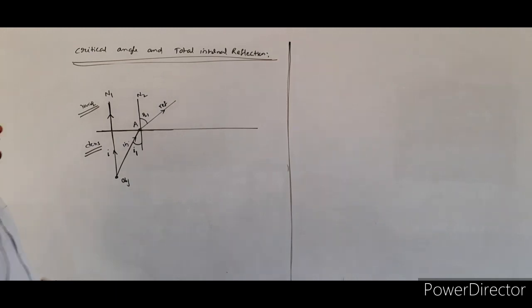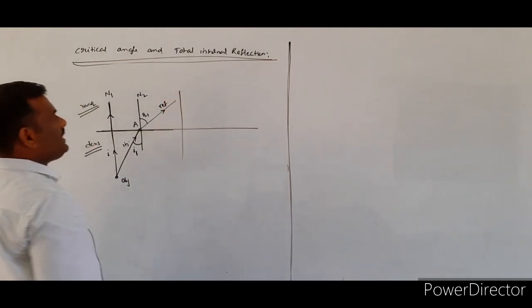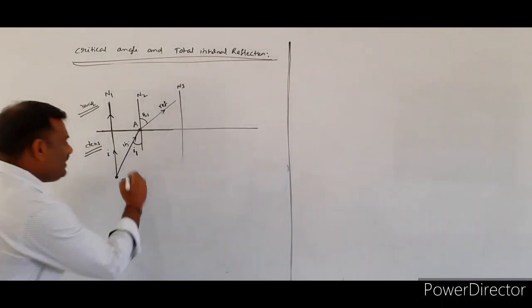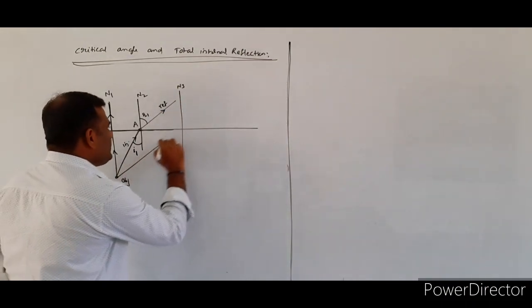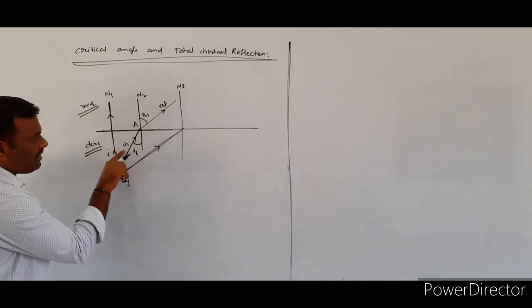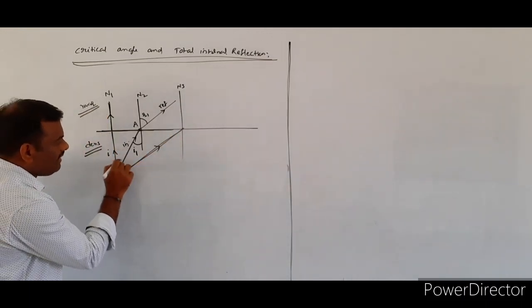Now we will consider another normal, let it be N3. Again we are taking one more incident light ray. If you observe from here to here, the angle of incidence value increases.